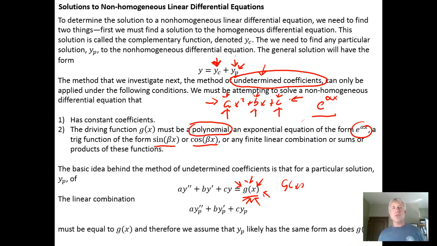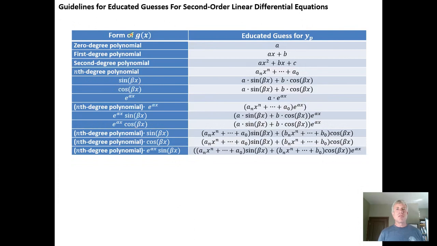So what we have is, if the driving function g of x has certain forms, we're going to be able to guess the form of the particular solution that we need to move that homogeneous solution out into the correct position.